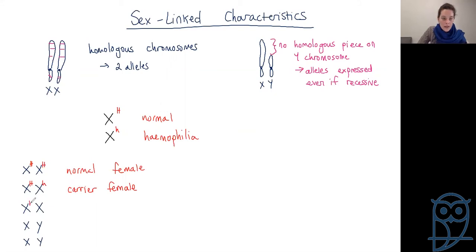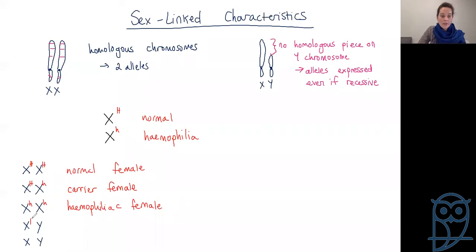Okay, then if we had little h, now we've got homozygous recessive. So here we would have a hemophiliac female. When it comes to the XY combinations, nothing again on the Y because there's no region for it.